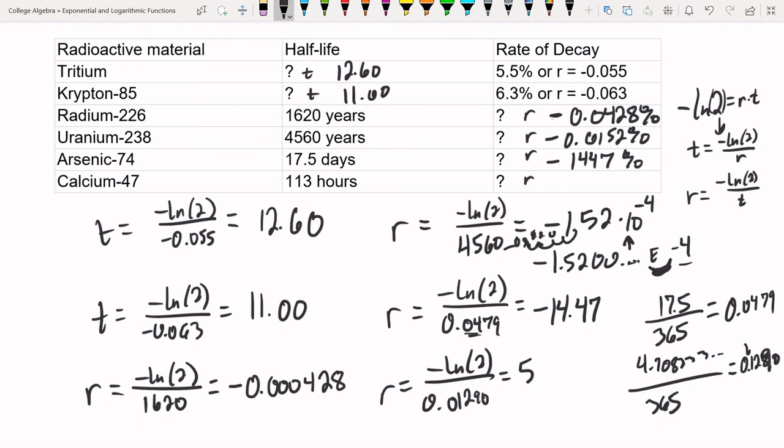I'm getting negative 53.73, which is negative 5373%. This is a super fast rate of decay. Calcium-47, I mean, if you let it sit out for a week or so, you're going to have more than half the amount missing because it decays so fast.